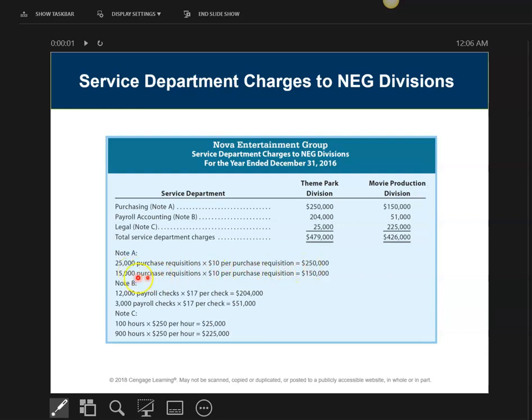So I take the quantity of purchase requisitions times the rate and apply it to each division. Payroll checks were $17 per check; I multiply each division's number of checks by the rate. Finally, legal works the same way. This is the total of service department charges for the theme park, and here's my movie production division. This is how I break out my service department charges to the different divisions.